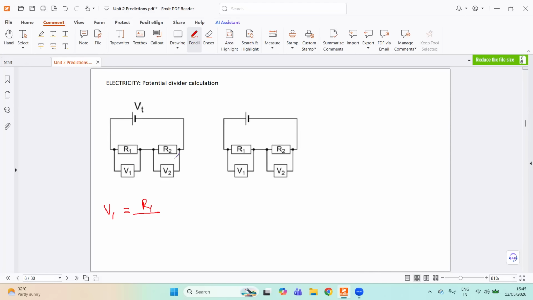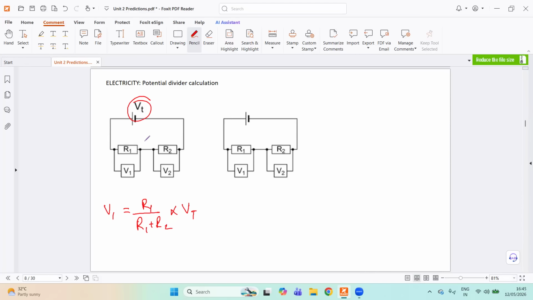Since they're connected in series, the total resistance would be R1 plus R2. So we all know that in a series circuit, the PD gets shared according to the ratio of resistance. And this is what you mean by ratio of resistance. So in this ratio, the total PD, VT, is shared.